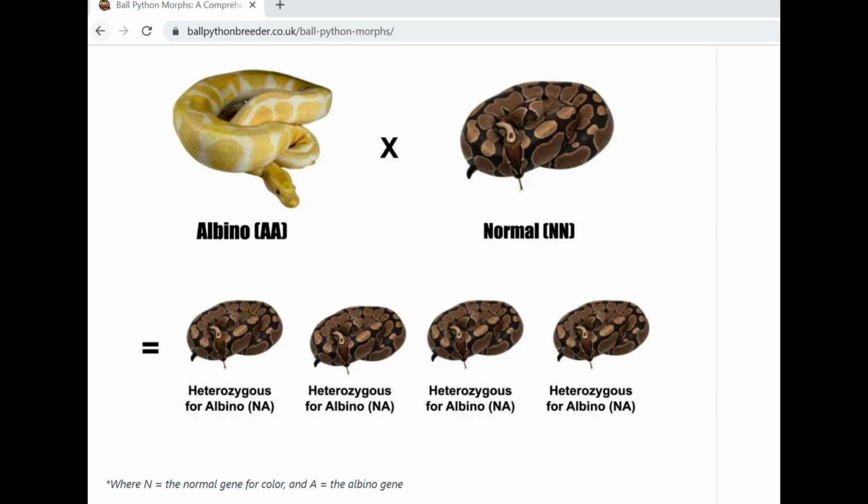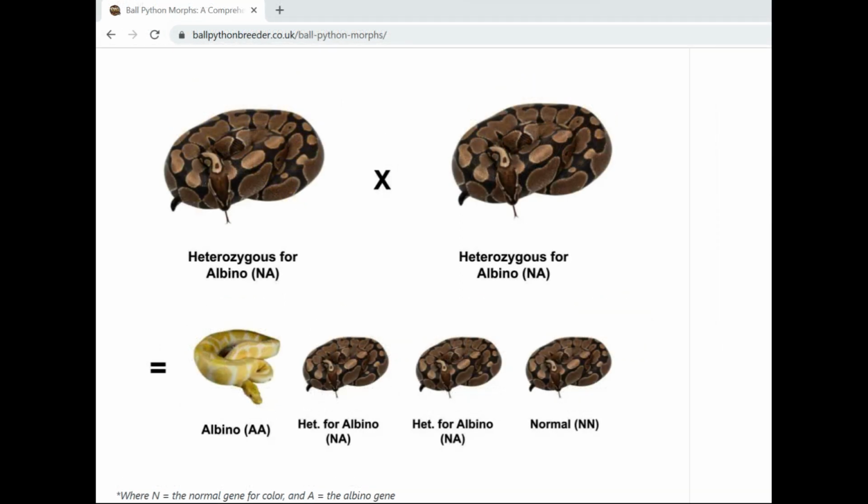And what happens here is the normal gene is actually dominant, like the dominant genes I'm going to explain in a minute. So all of the babies are heterozygous for albino, but have that dominant normal gene, and they look just like a normal.